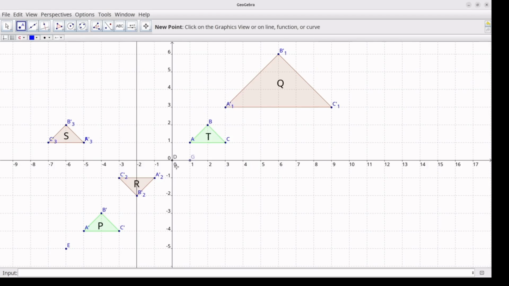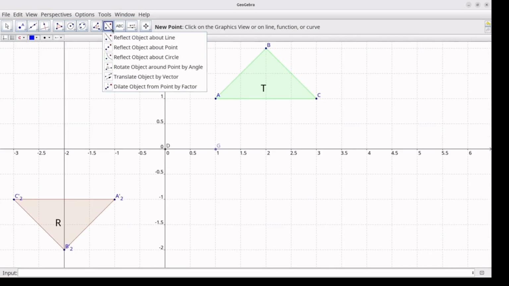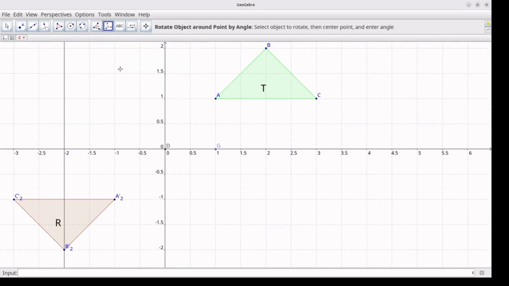If we rotate that point through (0, 0) by 180 degrees, it goes to (-1, 0). So the first column of the matrix is going to be (-1, 0).